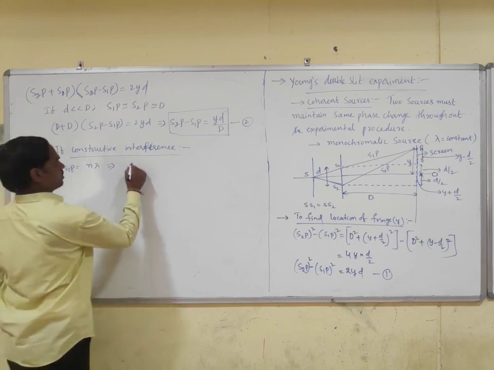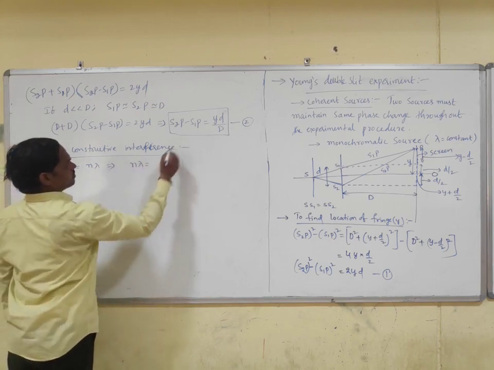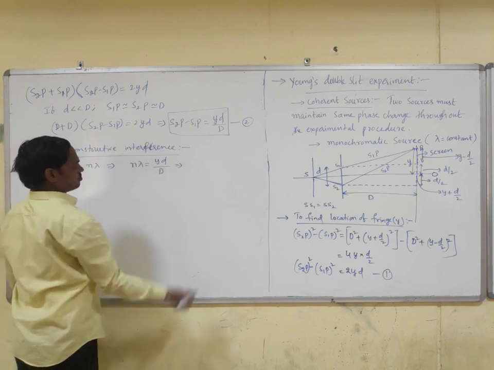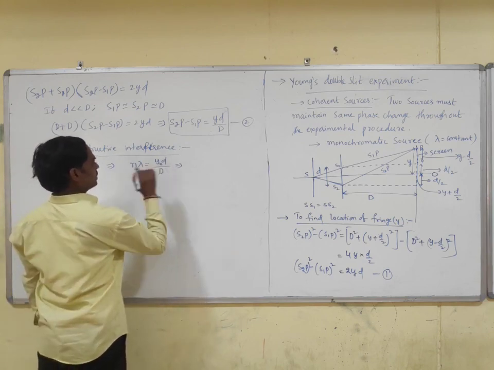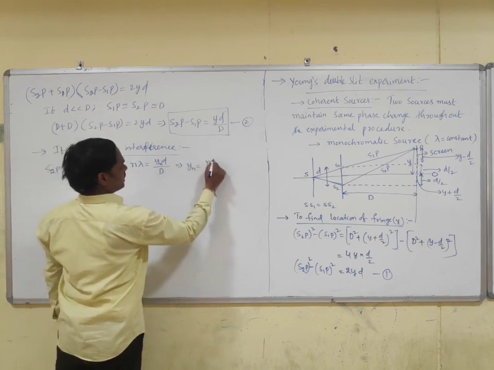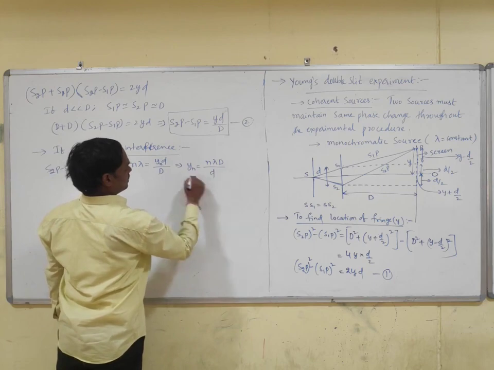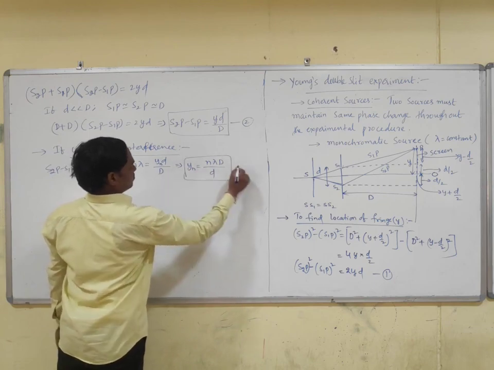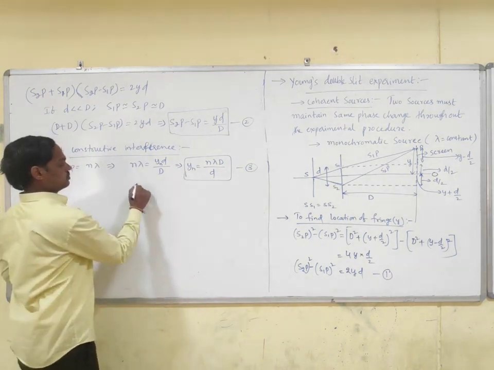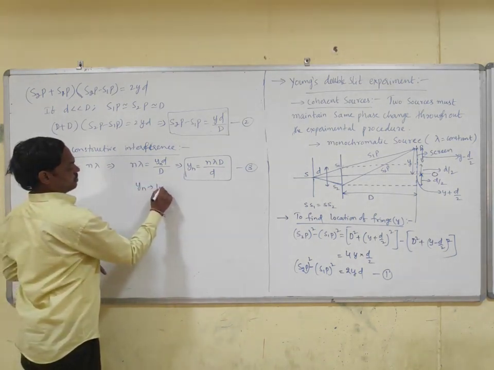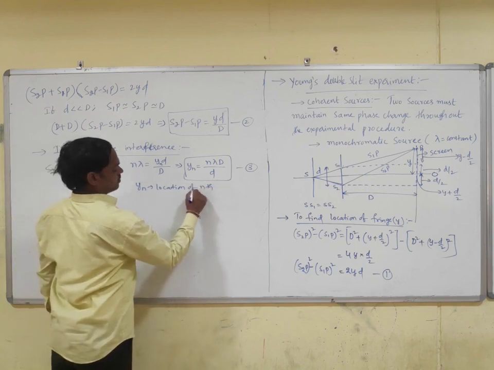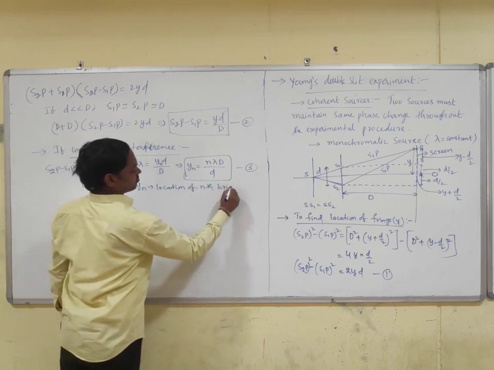That implies n lambda is equal to yd by D. So we write here yn. So yn is equal to, cross multiplying, n lambda capital D by small d. So what is yn? Location of the nth bright fringe.